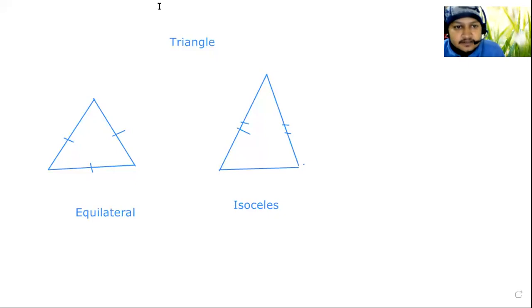And the next one is the scalene triangle. That means no sides are equal, all are different. सबैको मेजर फरक फरक हुने भयो. The measures of all sides are different here.